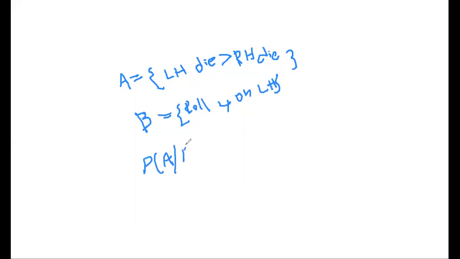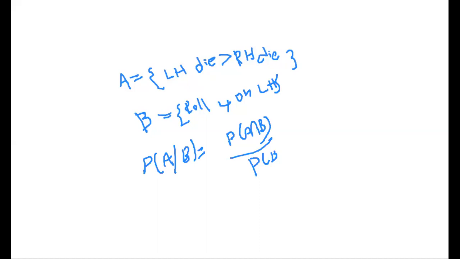What is probability of A given B? Can you tell me? It is probability of A intersection B by probability of B. Yes or no? Now we have discussed what the events are. What is A? A will be having all these values.